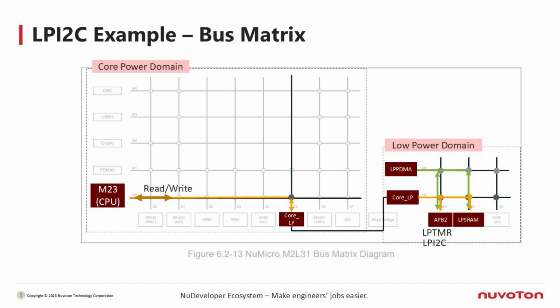Here, the CPU acts as a master and can read from and write to peripherals in the low power domain. Inside the low power domain, Low Power PDMA is also a master. It can read data from Low Power SRAM and write it directly into Low Power I2C, completing the data transfer without waking up the CPU.